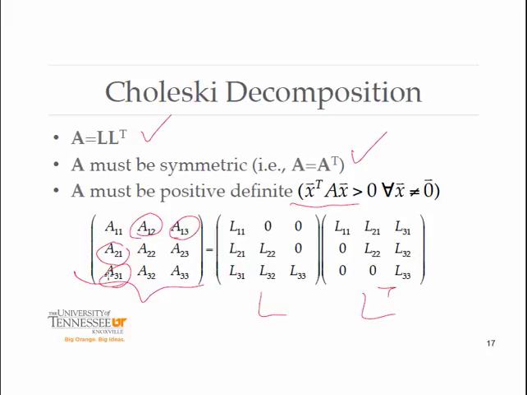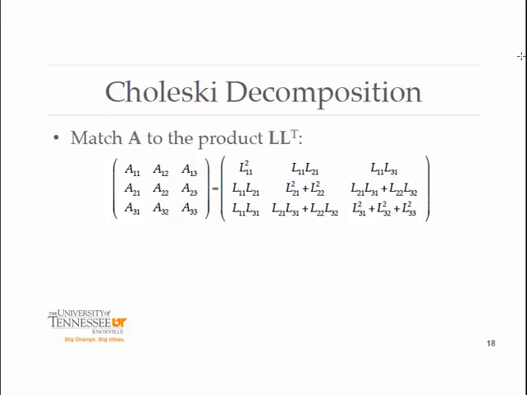If we took that L factor and the L transpose factor from the previous slide and actually did the multiplication, this is what you would get for the product of L times L transpose. I'm setting that equal to A, trying to match the elements of A to the elements of this product.